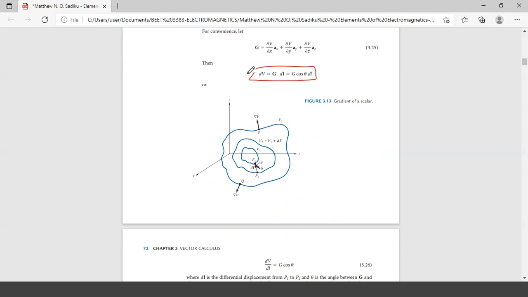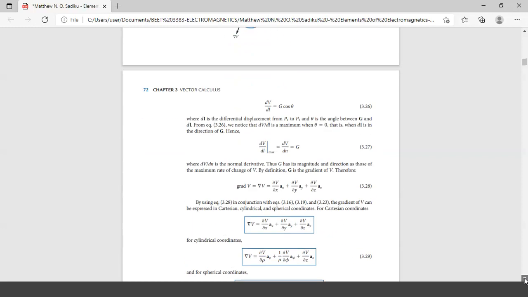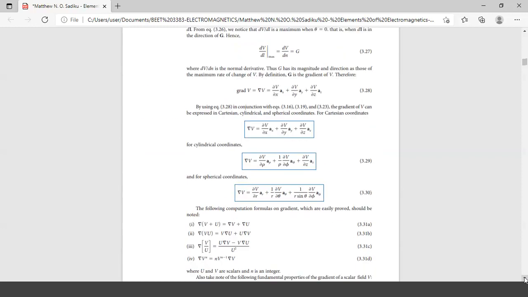This is the illustration of the gradient of the scalar. So the gradient is, this is for Cartesian, this is for cylindrical coordinates, and equation 3.30 is for spherical coordinates.